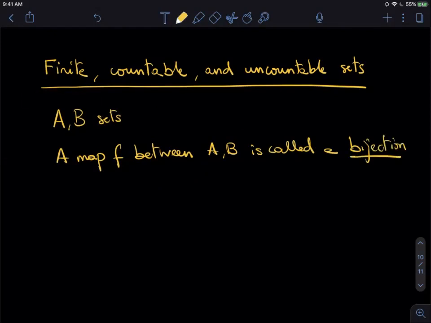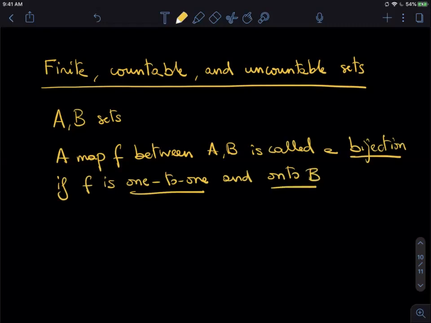Two things have to happen. F is 1-to-1 and onto. When we say onto, we mean onto B. So let's be more precise.